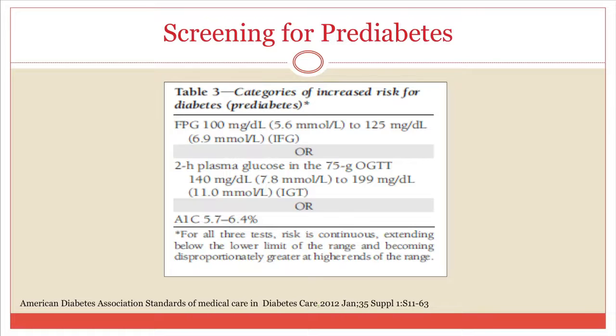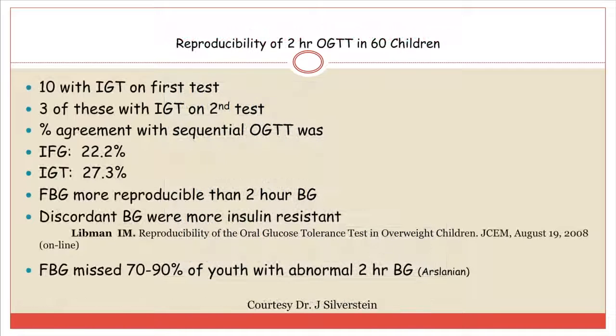So the classification of the American Diabetes Association is a fasting blood sugar of 100 to 125, or a 2-hour value of 140 to 199, or an A1C of 5.7 to 6.4. And we're going to talk a little bit at length about the hemoglobin A1C, since that has now been brought into the mix as a tool for potential use for screening and for diagnosis of diabetes.